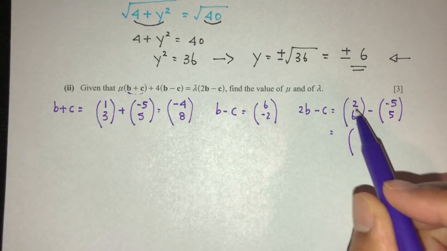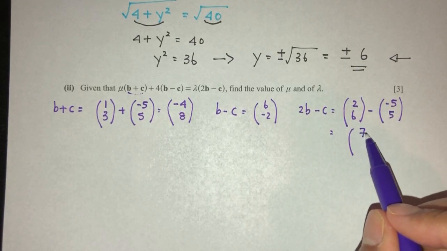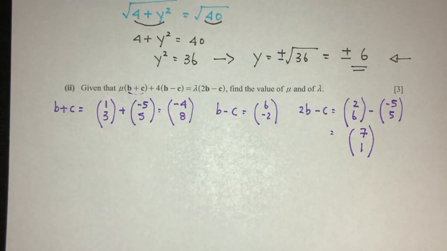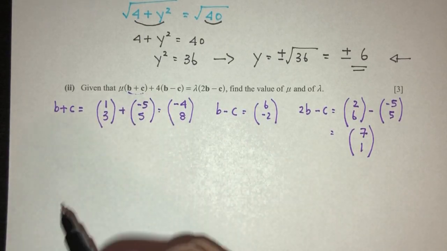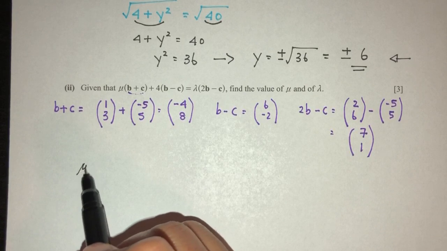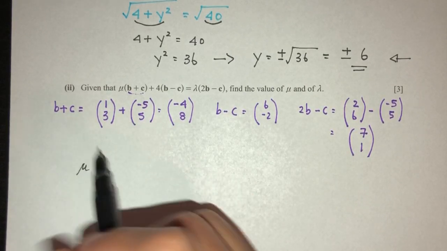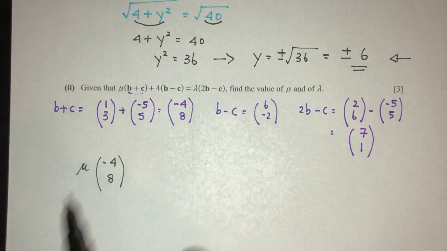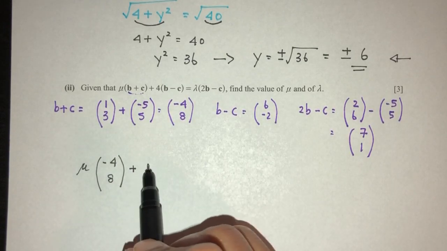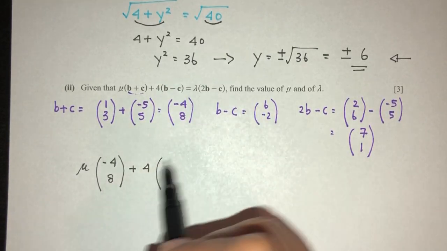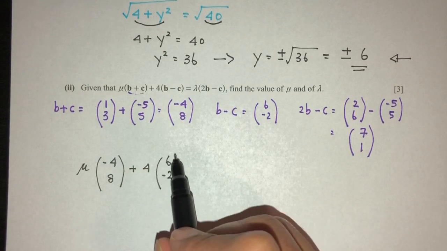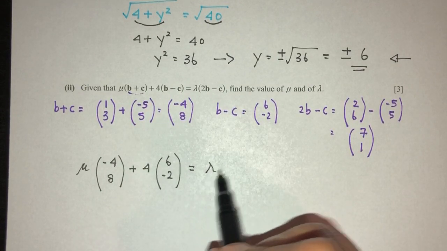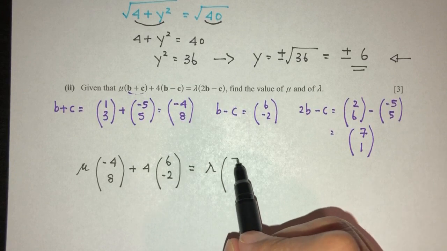That is 2 minus minus 5 is 7, and that will be 1. So finally, we just have to replace these values in this equation. So we have mu times minus 4, 8, plus 4 times 6, minus 2, is equal to lambda times 7, 1.